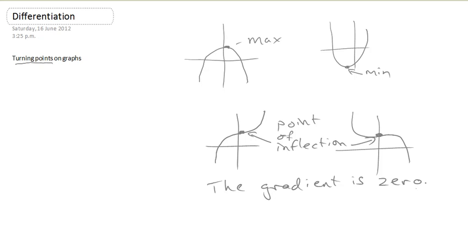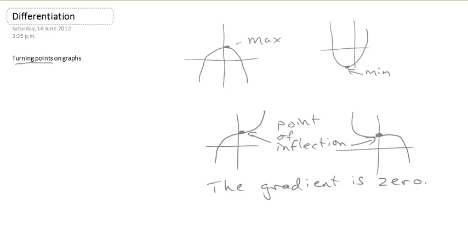So you can use the differential function to find out where these turning points are, because you can get it to say, right, the gradient's 0, work back and find out what x is, and then from there you can work out what y is and what have you.